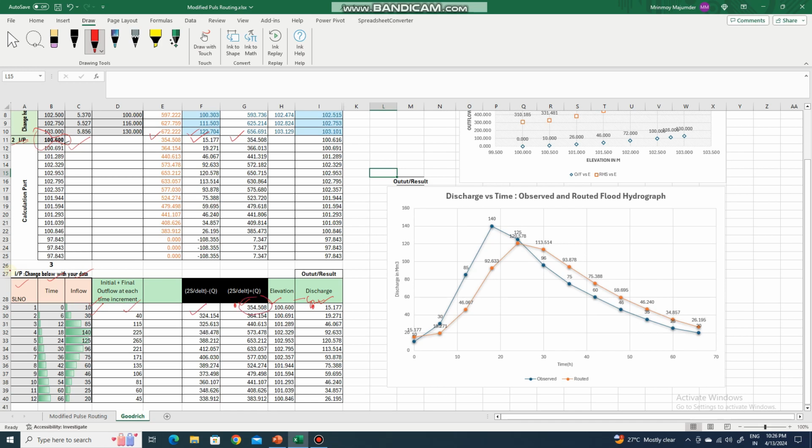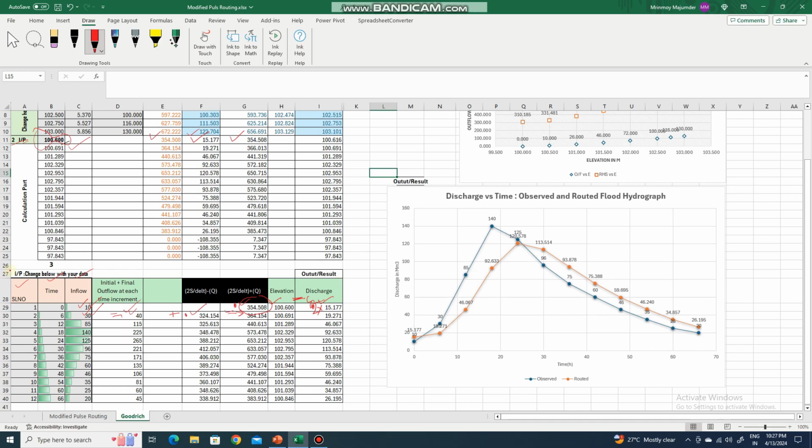So from this you minus 2 into this, you will get this. And then you add this 40, that is I1 plus I2, and you get 40. You add this 40 with this 324, 40 plus 324, this will be your 364.